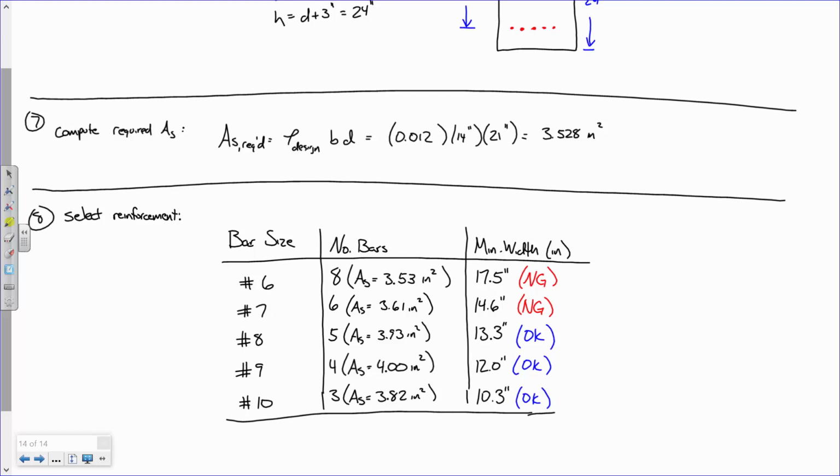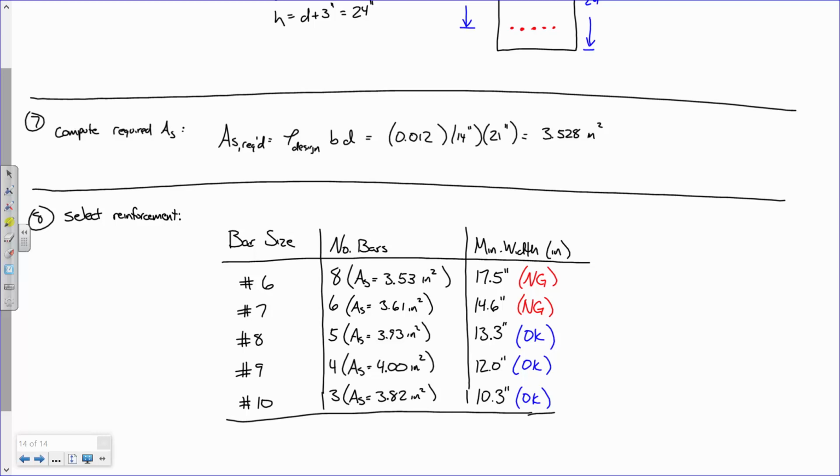Okay, all right. So let's make a couple observations. Number 1, if I were to go to number 11s, number 14s, number 18s, do you think my minimum beam width requirement would be met? Yeah, because there's a trend: the bigger the bar size that you're using, the fewer of those bars you need. That's one of the reasons why I'm stopping here. That's also why I didn't look at number 5s, number 4s, number 3s, because think about it.